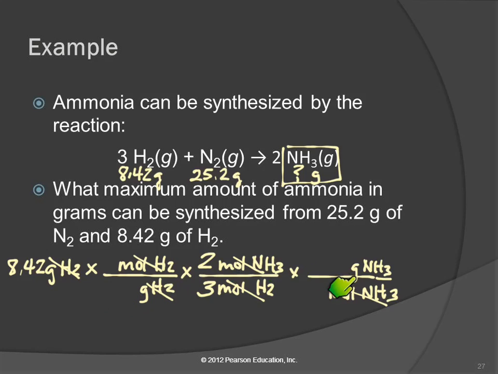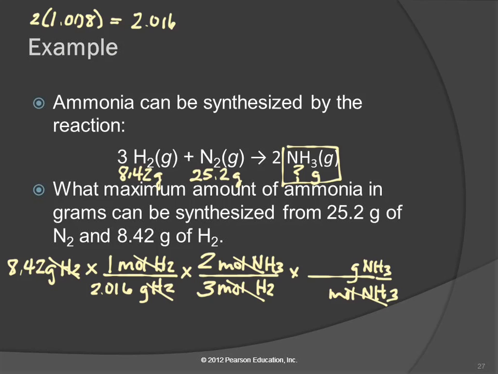The first term and the last term are molar masses. I'm going to calculate those up at the top because I need space down at the bottom for another equation. So 2 times the mass of hydrogen gives us a molar mass for hydrogen of 2.016. So 1 mole of hydrogen weighs 2.016 grams.